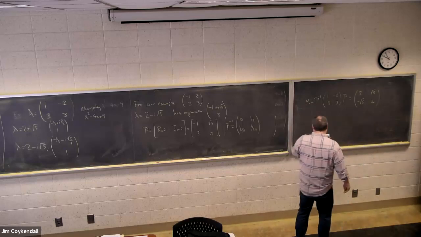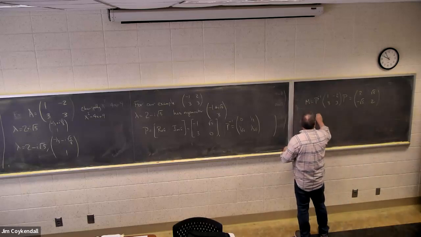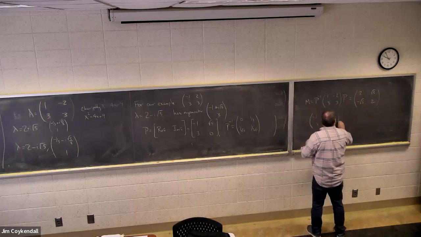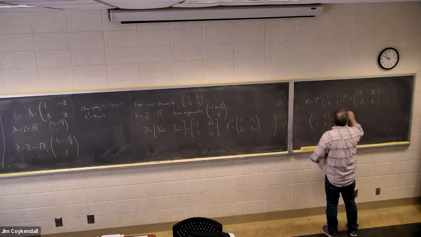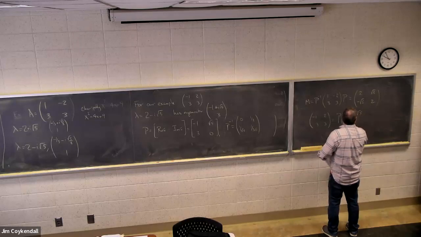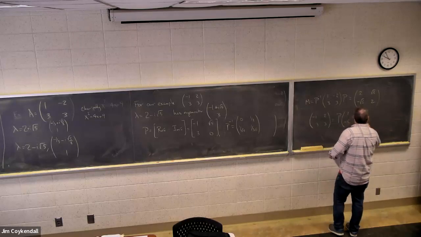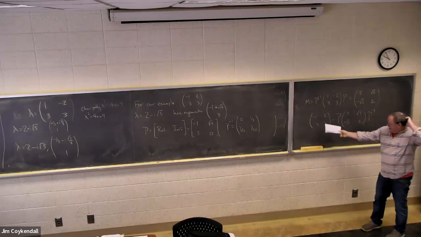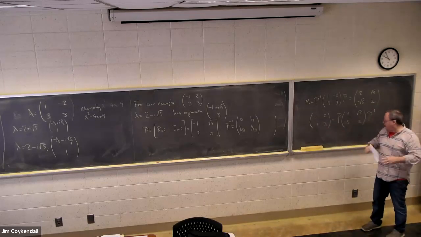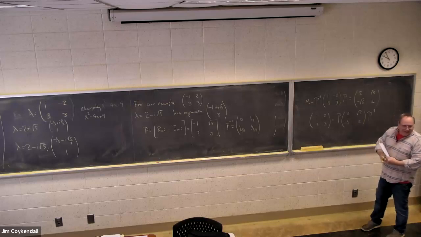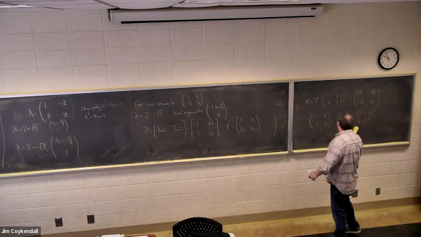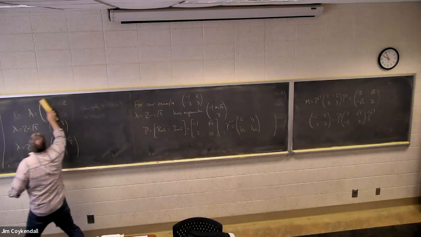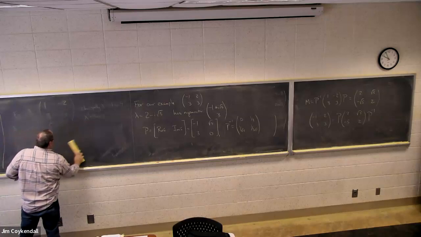And so in particular, minus 1, 2, 3, 3 should be P times this matrix times P inverse. So in other words, if I have a matrix that has complex eigenvalues, then it is similar to a matrix that is just a rotation and then a scaling.